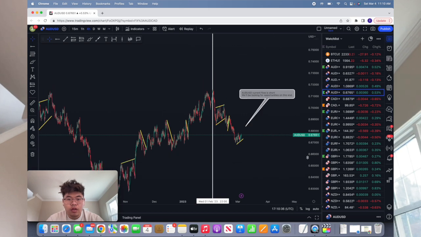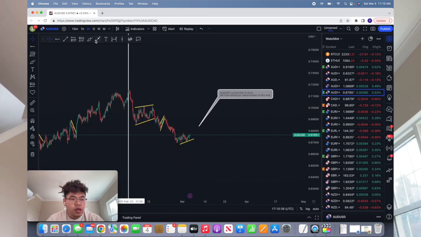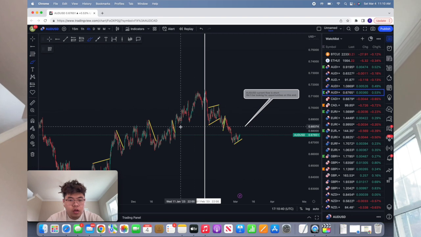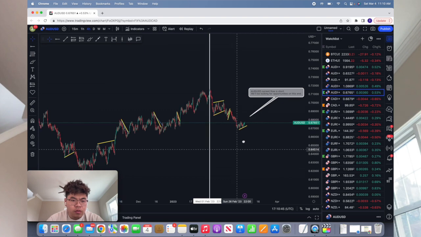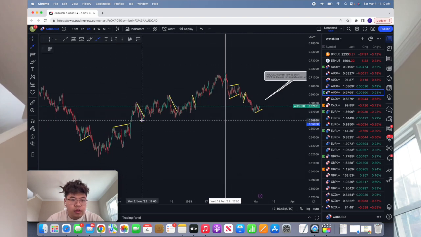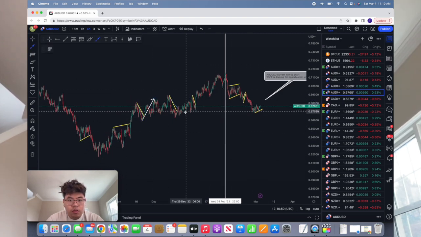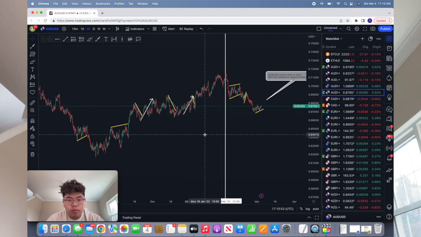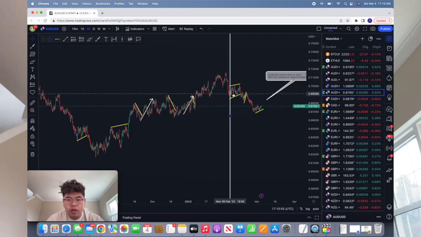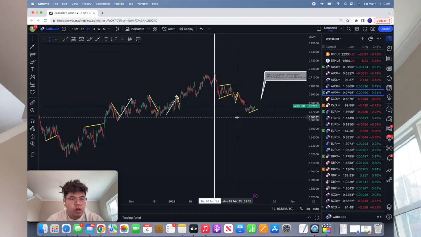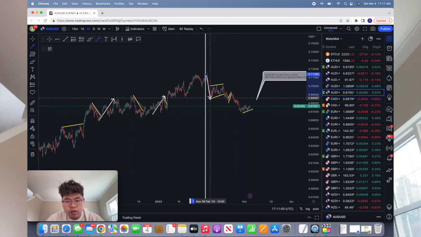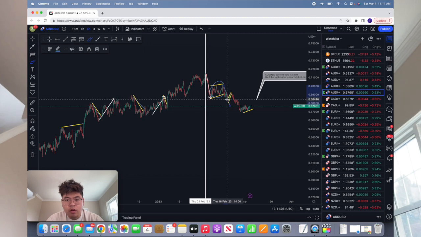Same thing with AUD USD. We can see what's going on here, and what was going on here was that it was going to the upside. But when we saw in this structure a huge impulse to the downside, followed by a correction, we can see it's committing to go down, followed by a mini correction, continuing to go down.